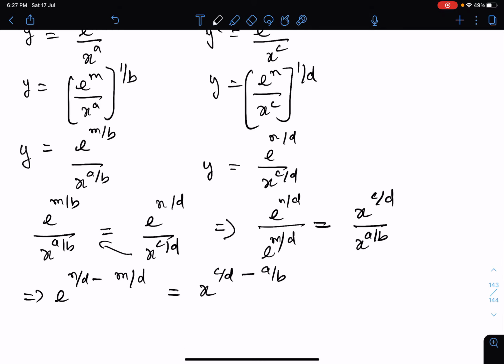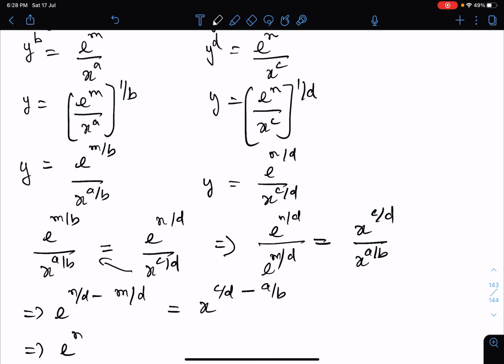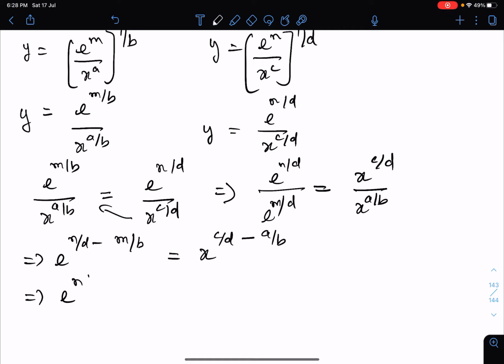So taking LCM, you will get e^(nb ...). Somewhere I am making a mistake. It is m by b. Yes, here it has to be b. So here it is going to be nb minus md.